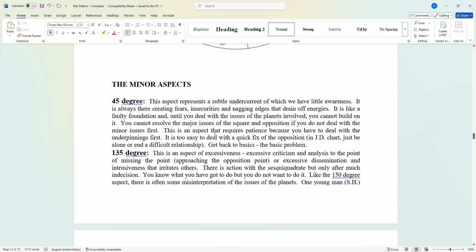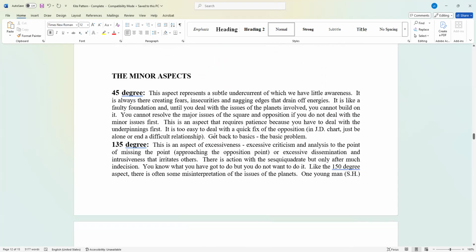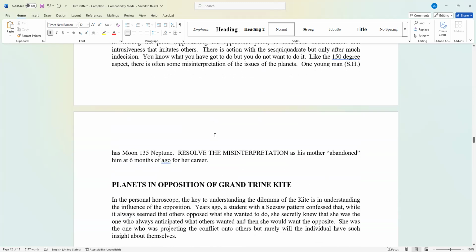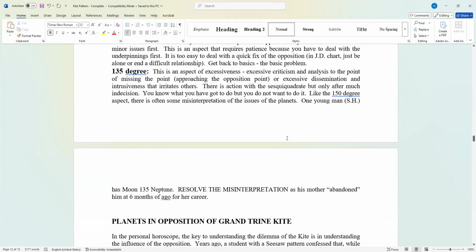And this is my interpretation of the minor aspects. I'm not going to go into all of these. Let's see. Oh, this is the 135-degree aspect. It was a young man. I knew his mother. Mother was a client, and he had a moon Neptune aspect, and he always felt that his mother abandoned him.